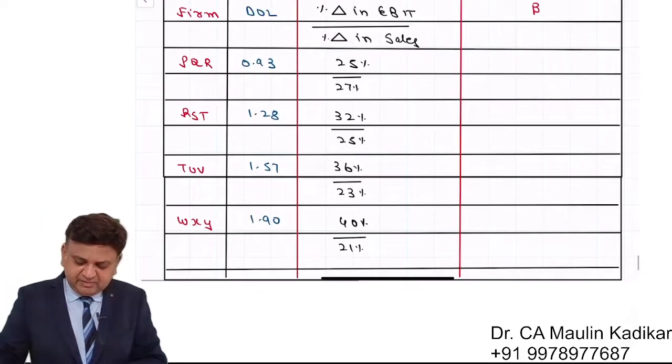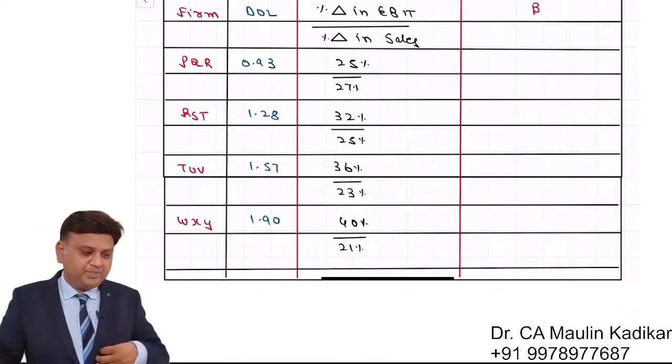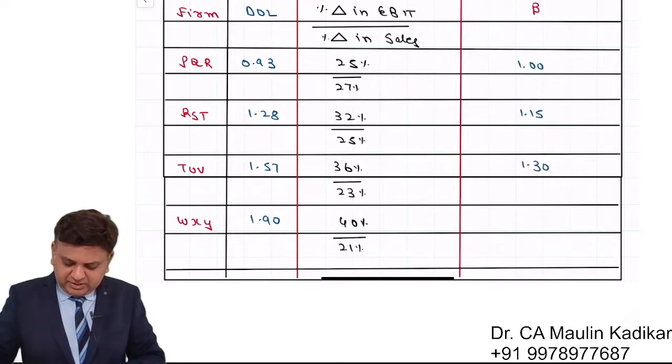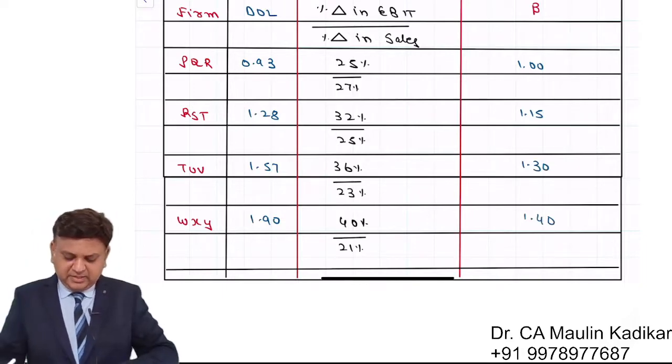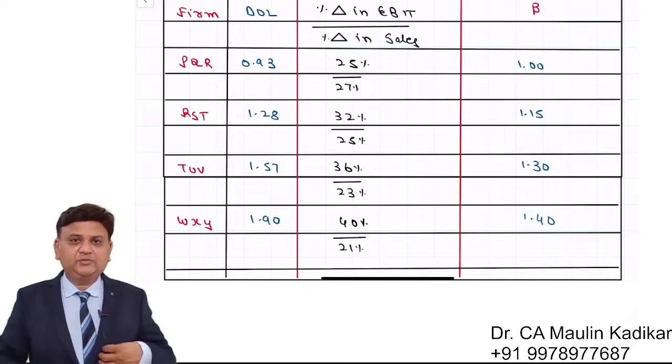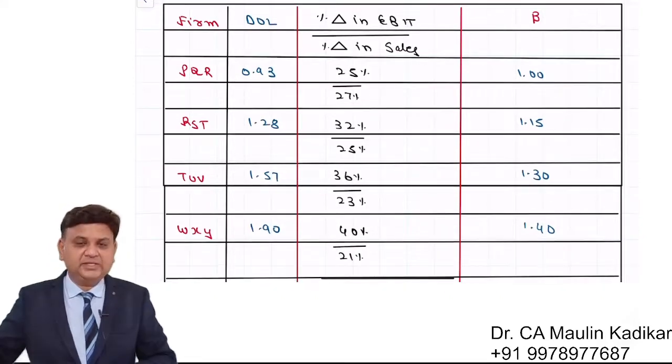At the same time, we can mention the beta. Security PQR has beta 1, then 1.15, 1.13, 1.40. These are the values of the beta. I request all of you to copy the answer from the working.